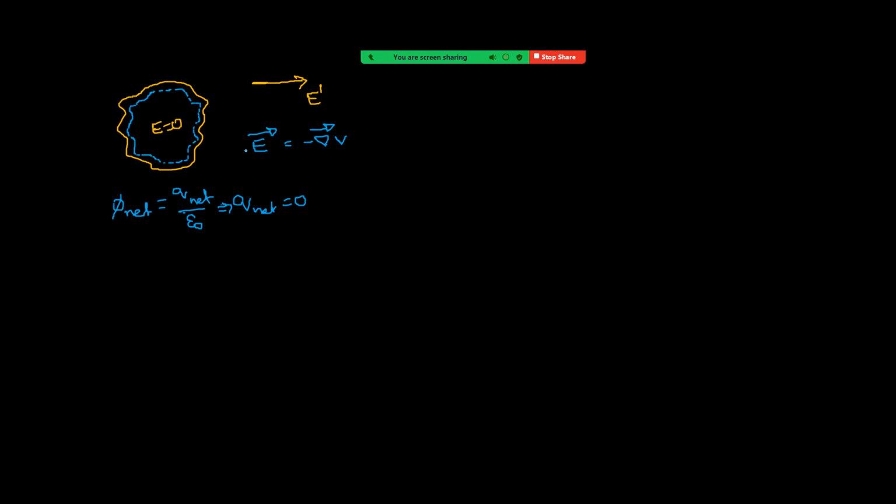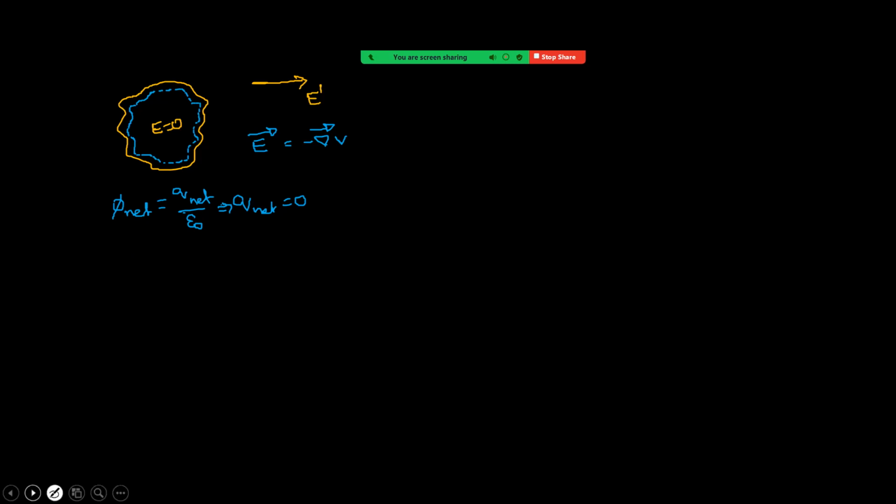So since the field is zero, potential is a constant. This is the derivative of the potential. So E bar zero means derivative of potential is zero, which means potential is constant.